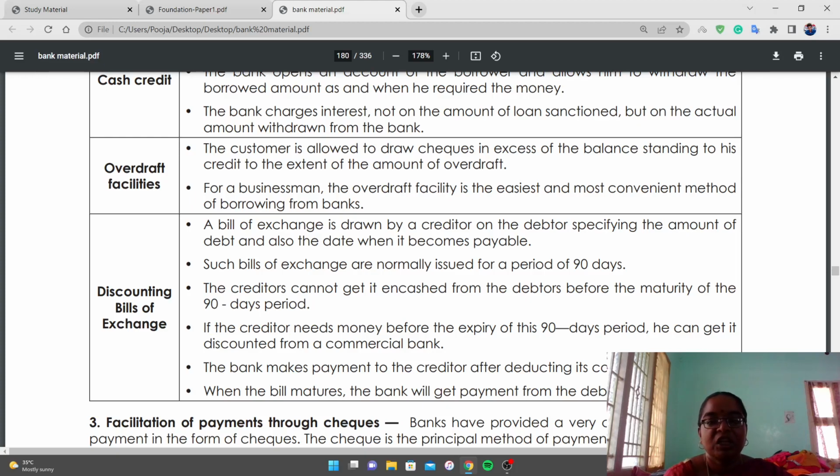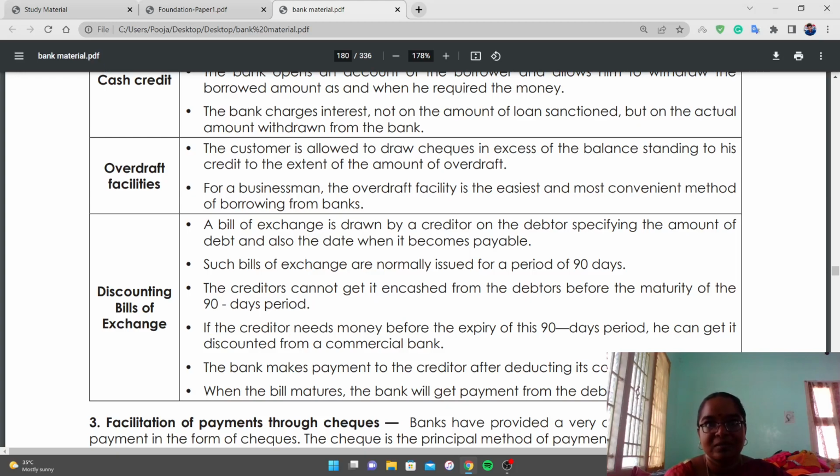In between this, if the lender needs money, he goes to the bank and discounts the bill. On maturity of the due date, the borrower repays the money to the bank. So, for example, Mr. X borrows rupees 10,000 from Y. Y draws a bill, X accepts the bill, and Y holds the bill in his hand.